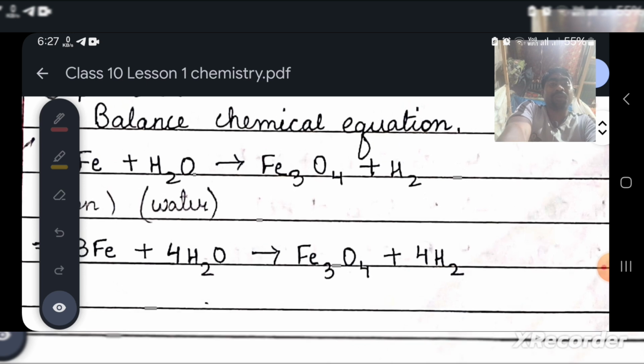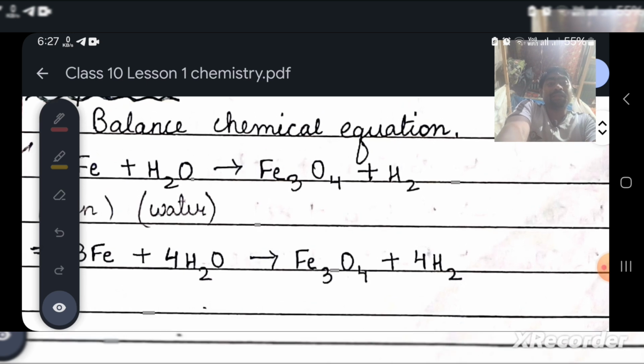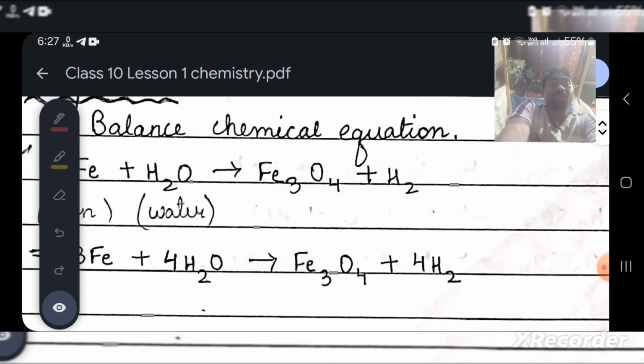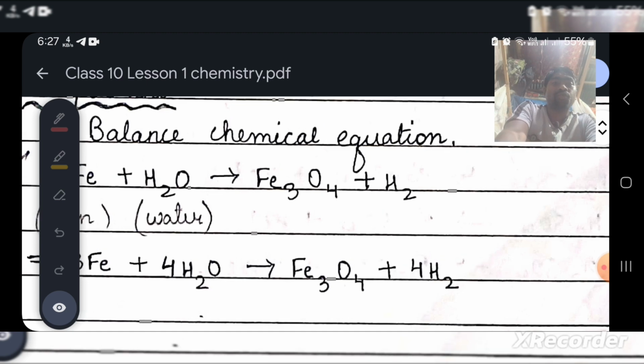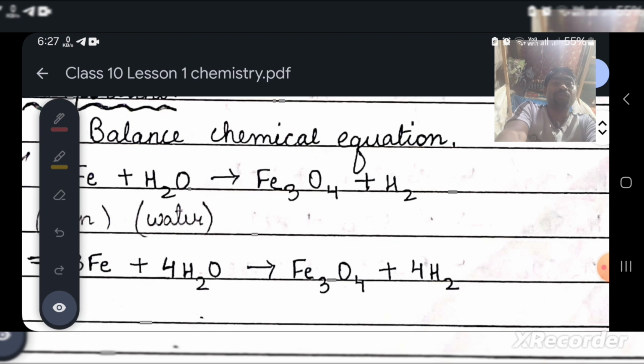Over. Then we can look at hydrogen. Now on the reactant side there is 4H2. This 4 and 2 will multiply. What will we do? Multiply. 4 times 2 is 8. So hydrogen, how many is there? 8 on the reactant side.